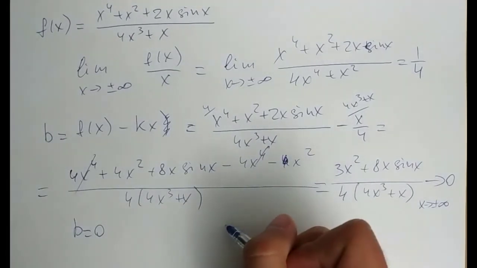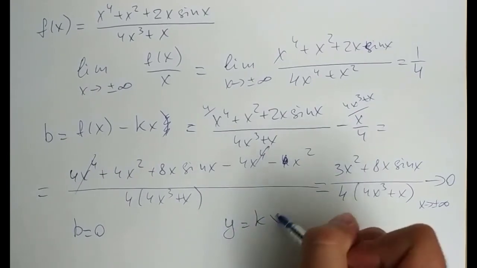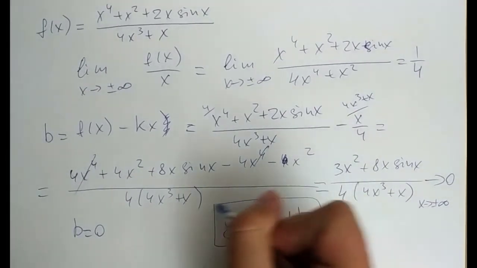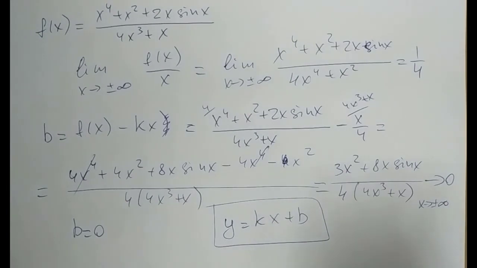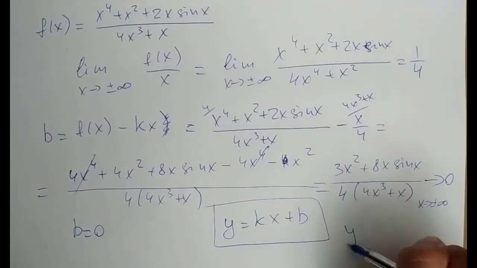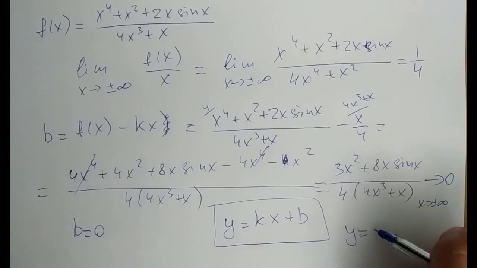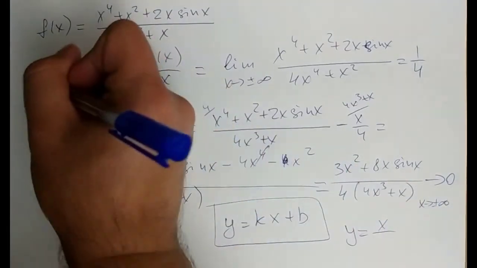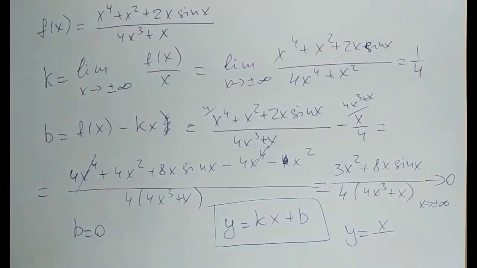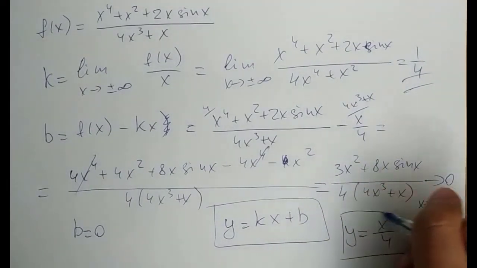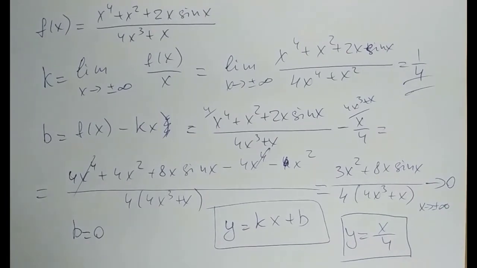The oblique asymptote of our function is kx plus b, and we have b is 0, y is kx, and kx is x over 4, because k is equal to 1 over 4. This is k. So we have the answer x over 4, and x over 4 is the right and left oblique asymptote for x tends to plus minus infinity.